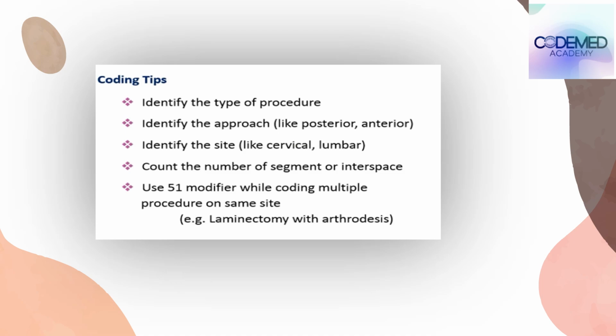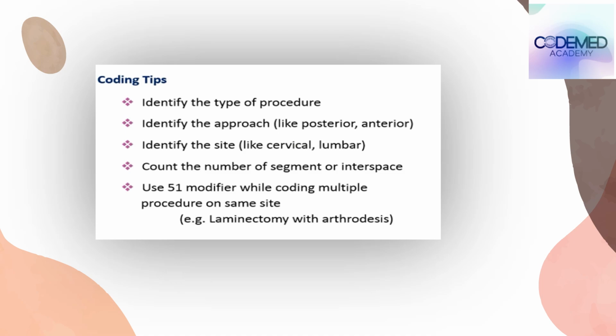So whenever you are working on vertebral column coding, first you have to identify what type of procedure has been done. Then identify what approach the surgeon has taken. Has he taken the posterior or anterior? Because that will decide your code. Then identify which vertebra. Is it a cervical, thoracic, or lumbar vertebra?